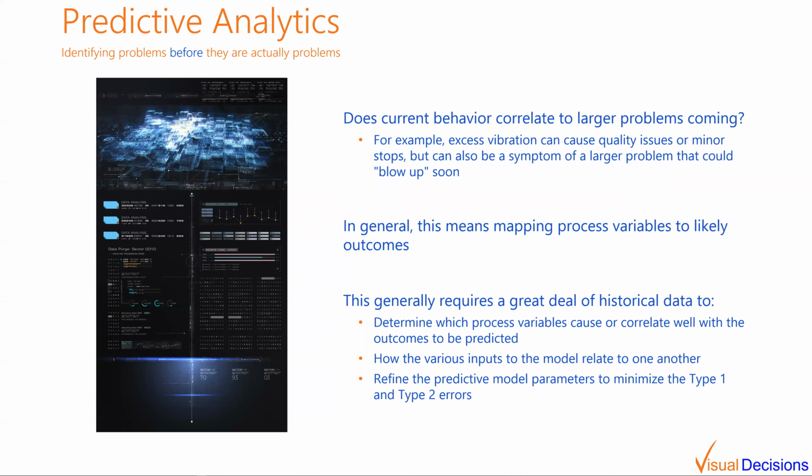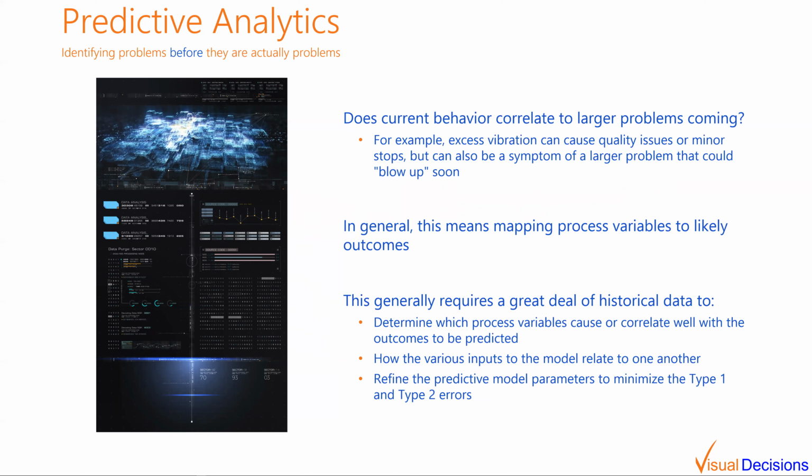So, first of all, we can look at trends within the data, and we're trying to predict an outcome based on different inputs. And so, from that, we can look at pressures, temperatures, vibration, sound, any number of different things. And from those input variables, or from those process variables, what we're trying to predict is an output.